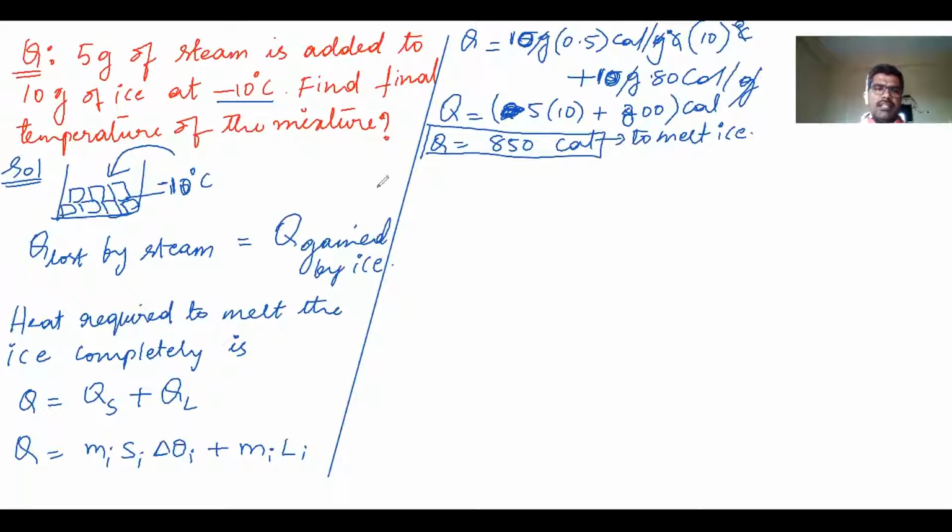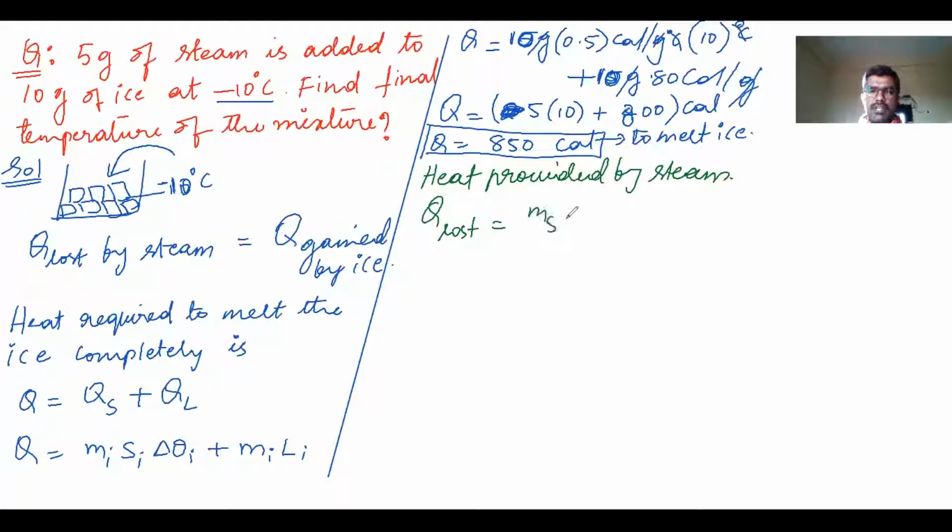Now, how much heat energy is provided by the steam? Let us calculate that. Heat provided by steam. So Q lost is equal to mass of the steam into latent heat of steam plus mass of the water into specific heat of water into change in the temperature of water.